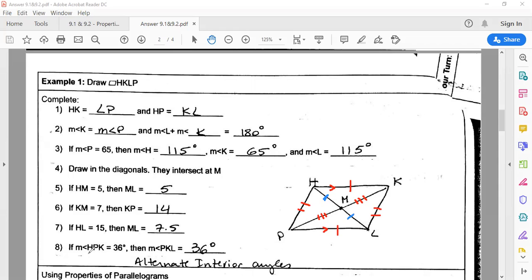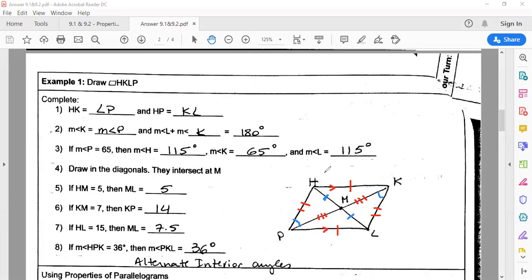And the last one here: if the measure of angle HPK, this angle right here, is 36, then what is the measure of angle PKL? Let's think about this.